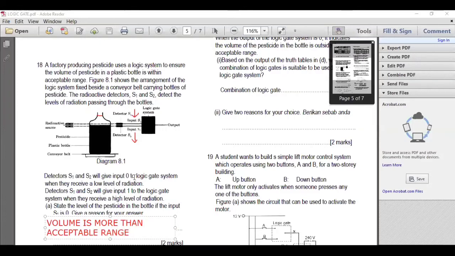Reason: because S1 detects low level of radiation.